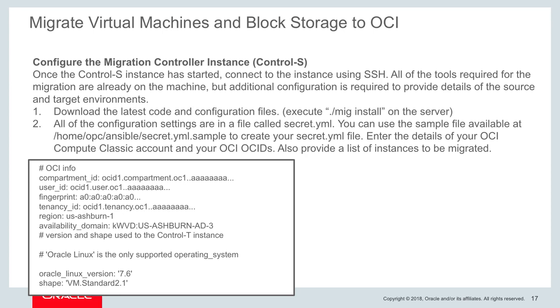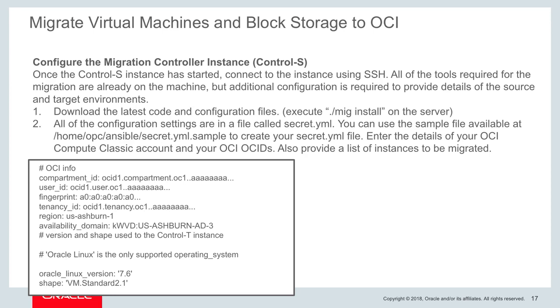You can download the latest code and configuration files by executing /mig install on the server. All of the configuration settings are in a file called secret.yml, and this is located under the /home/opc/ansible folder. You can use the sample file available in the same folder to create your secret.yml file.